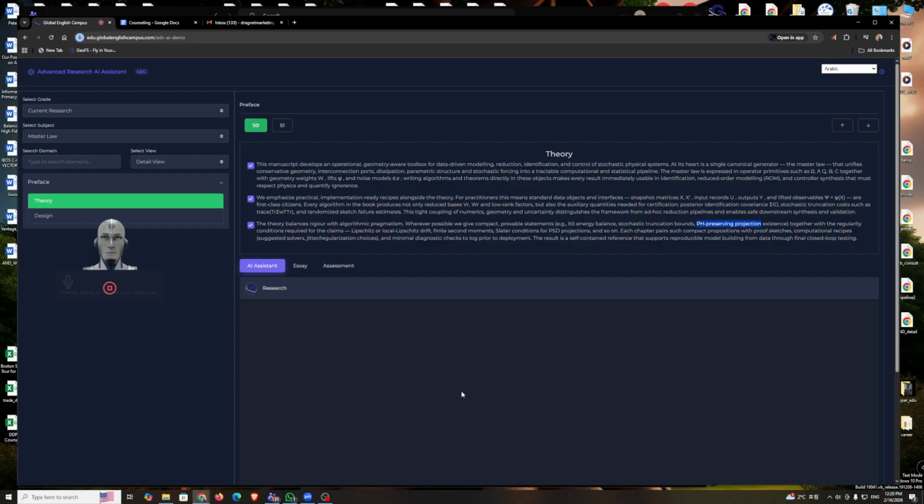The Lipschitz or local Lipschitz condition means that the system's dynamics do not change too rapidly with small changes in state. This stability is crucial for the effectiveness of the projections. Together, these concepts help ensure that when you reduce a complex system, it behaves smoothly and predictably, respecting its physical nature. Does this help clarify things?